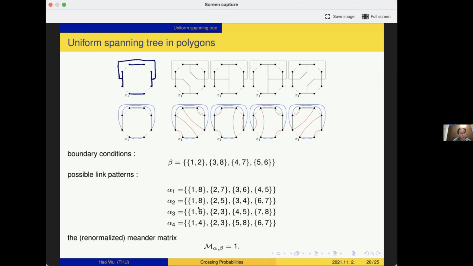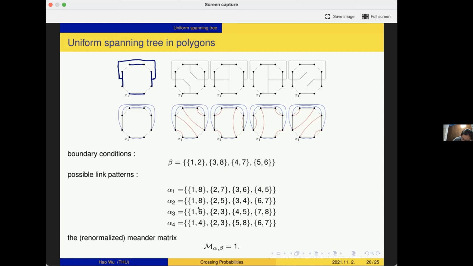Okay, and now with this boundary condition, we consider the uniform spanning tree, and we look at what happens to the Peano curves, how they connect between the 8 marked points. And it turns out that in this boundary condition, there are 4 possibilities as here.